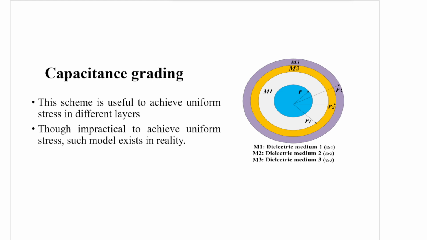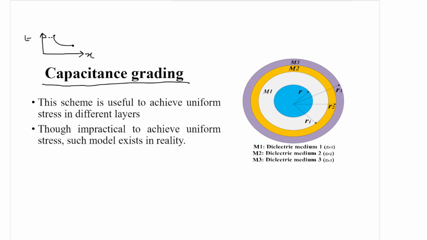It's called capacitance grading. Now what is capacitance grading? From the previous day's lecture, one interesting observation you must have noticed is that the variation of electric stress is following the rectangular hyperbolic curve.